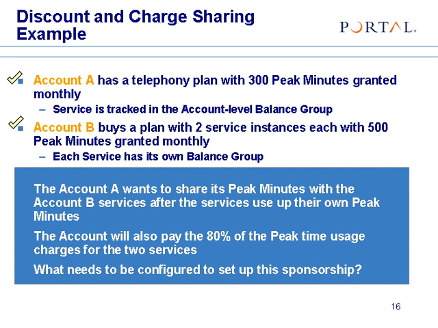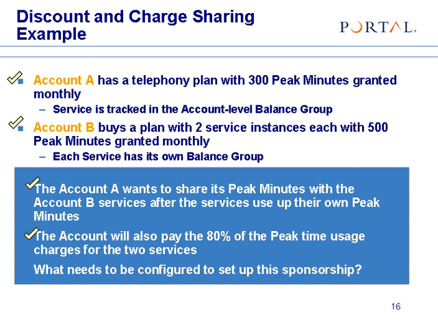And so what we're going to do is have account A share its peak minutes with account B after B uses up all of its peak minutes. And then there's also going to be a charge sharing scenario where the account will pay 80% of the peak time usage for the charges for the two services in account B.